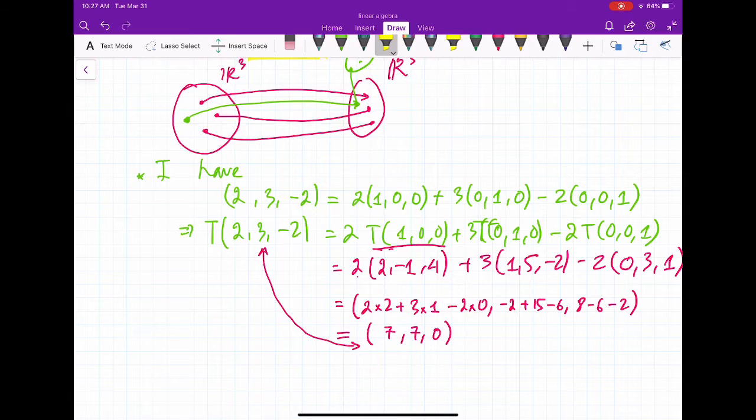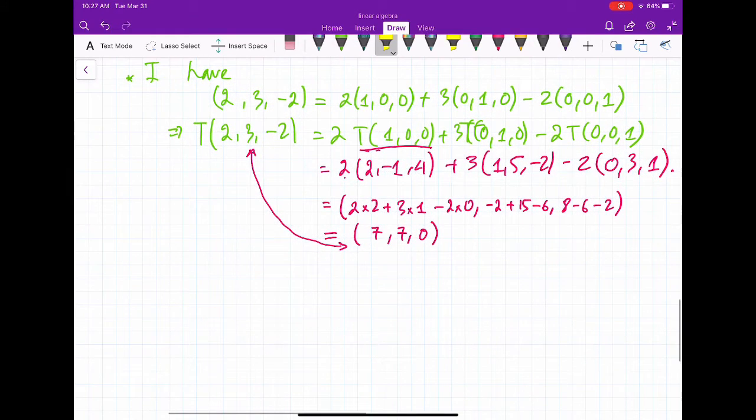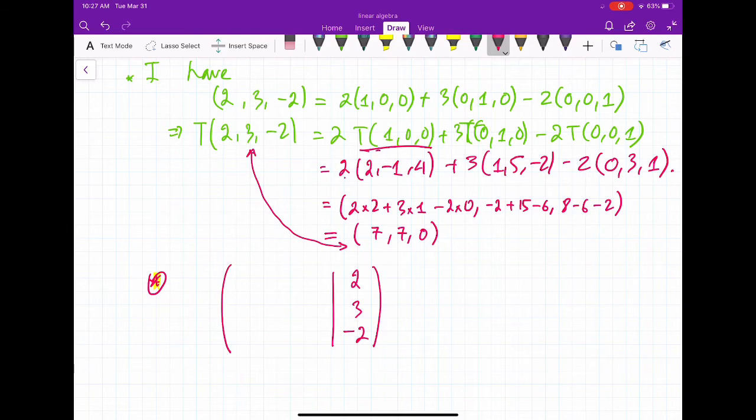Now, let's look at this problem from the point of view of matrices. The first step I need to do is express the vector (2, 3, -2) as a linear combination of the previous vectors. So I write those vectors in column form.